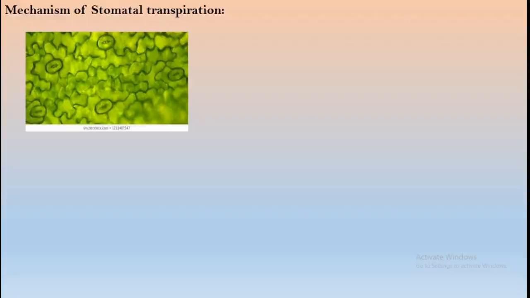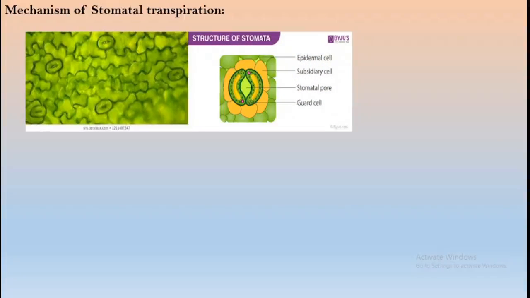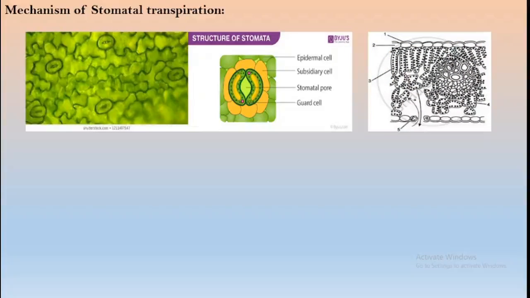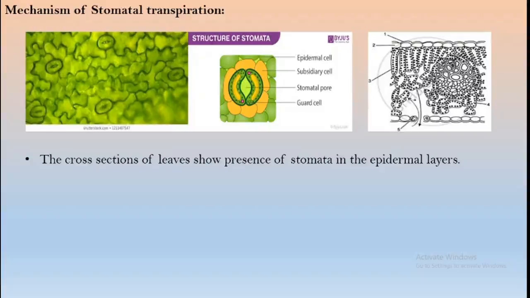Now we see the mechanism of stomatal transpiration. So this is the cross section of leaves. It is the structure of stomata and this is how stomata are arranged in the leaves. The cross section of leaves shows presence of stomata in the epidermal layer.